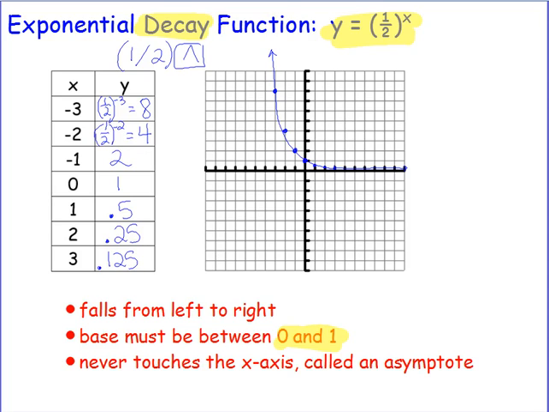So that x-axis, again, we call it an asymptote. The x-axis is the asymptote. So this is the other type of main graph that we are going to be working with today. So you're either going to have a growth equation that goes up from left to right, or a decay function that goes down from left to right. And so we're now going to look at some important rules that we need to add to our notes. So turn the page.